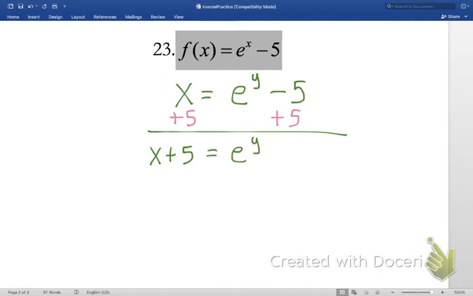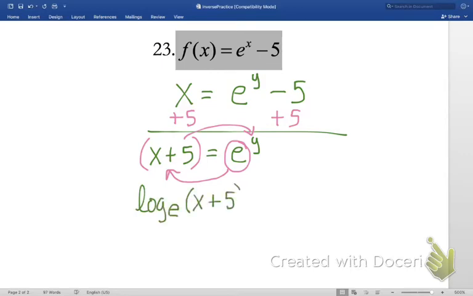To isolate an exponent, we have to turn it into a log. The opposite of exponent is log. So I start with my base, go across to find my exponent, or my argument, and then come back and set it equal to the exponent. So I would have a log with a base of e of x plus 5 equals my exponent, which is y.